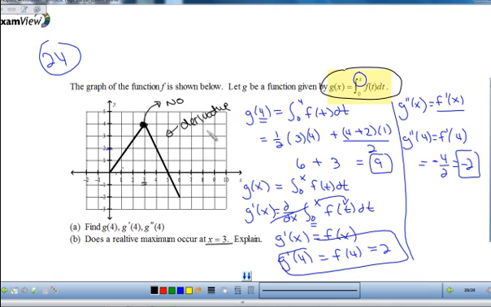So this is our derivative. The maximum occurs at the 0. So this would be no, because a max or min occurs when g prime of x is equal to 0. So that's going to happen here or there.